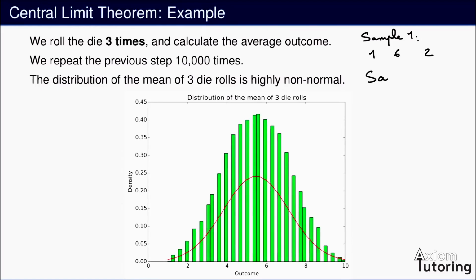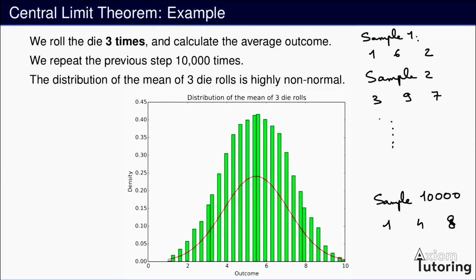In my sample 2, I might get 3, 9, 7, all the way to my sample 10,000, where I might get 1, 4, and 8. Okay, so that's basically how you do it.